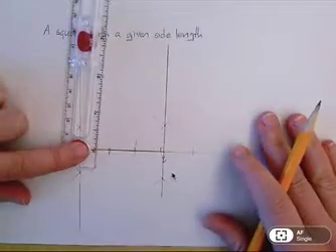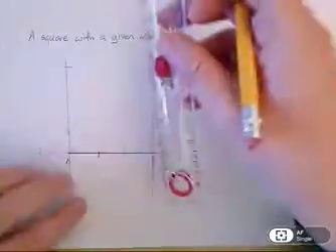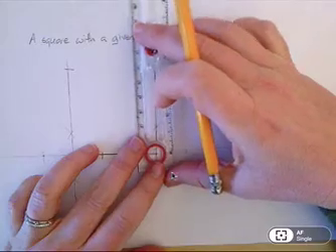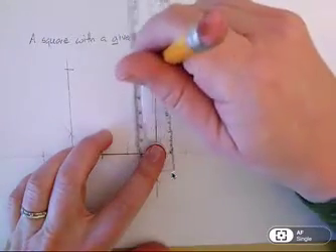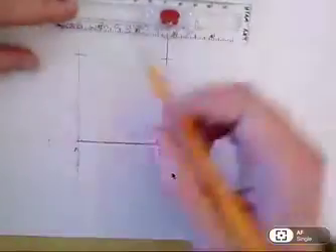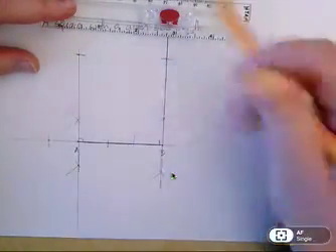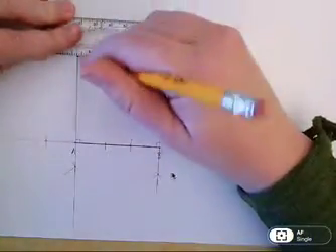Just like that. Let me bring my paper down so you can see. And I'm going to do the same over here. There we go. Now these points, once I connect them, will finish off my square.